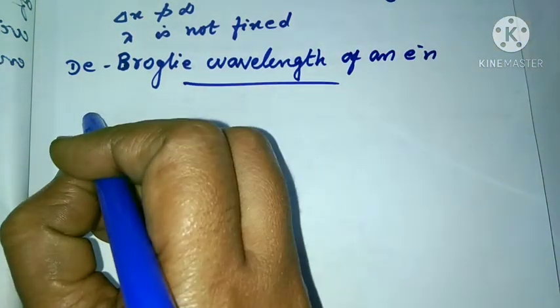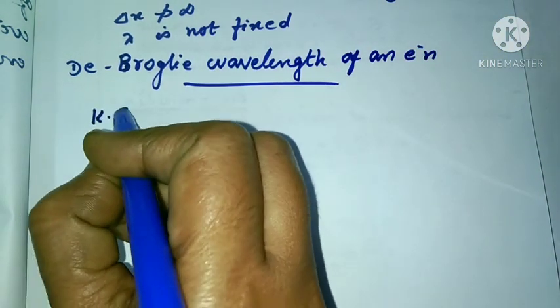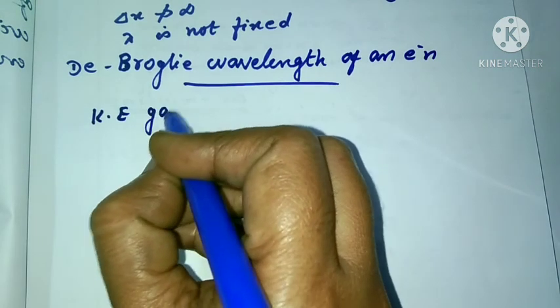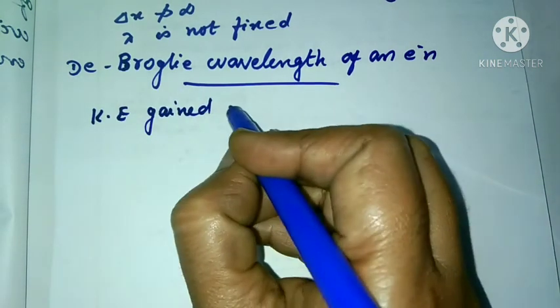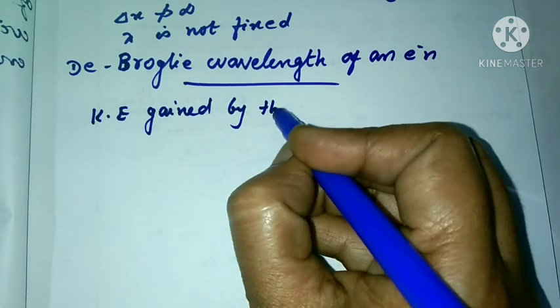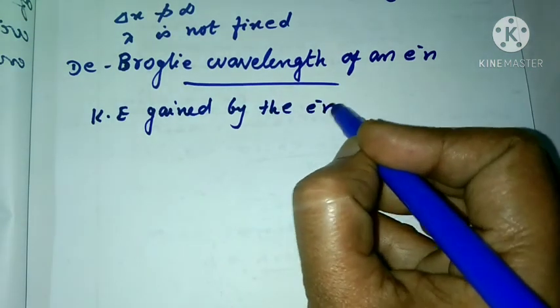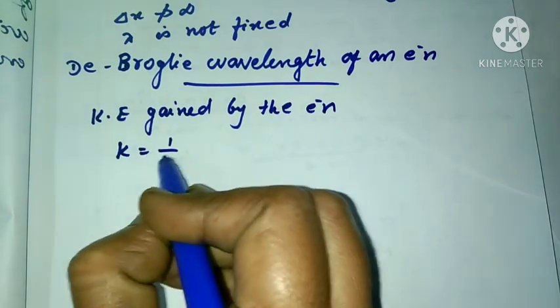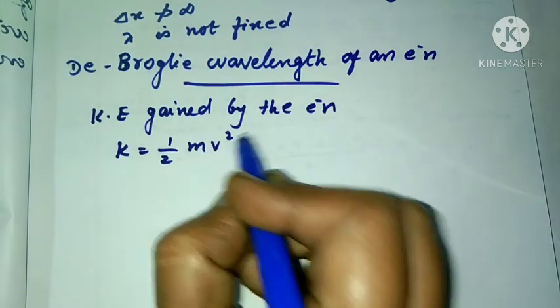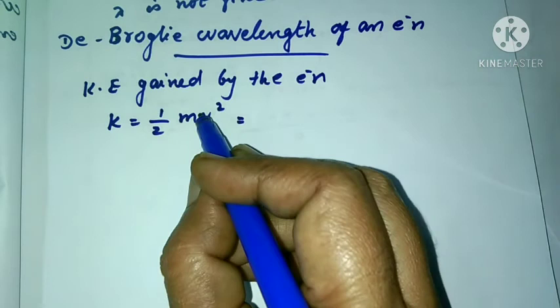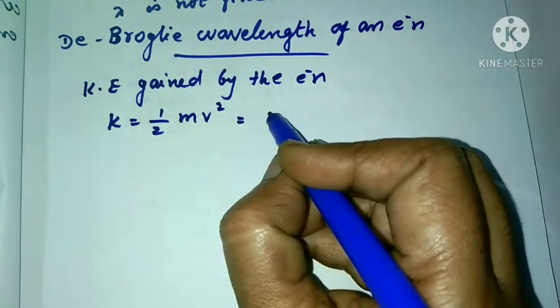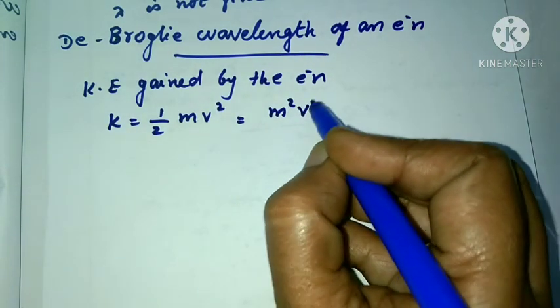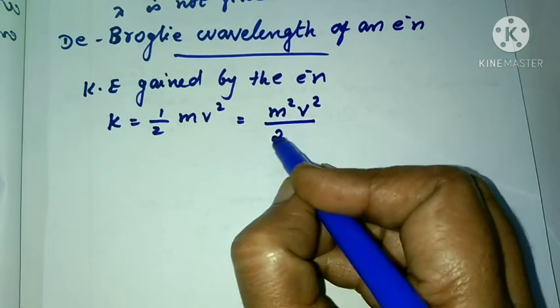So we can write the kinetic energy gained by the electron. That is K equal to half m v square. Then multiply and divide by m, then we get m square v square divided by 2m.